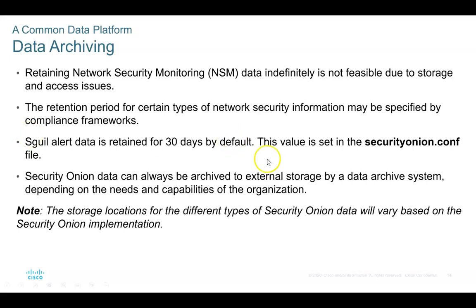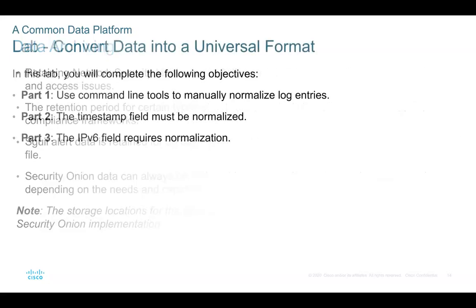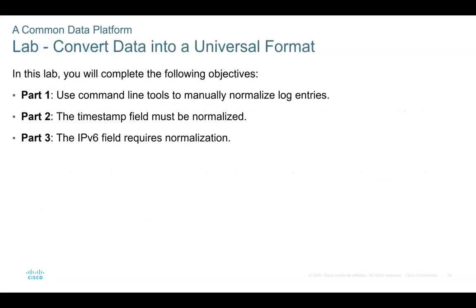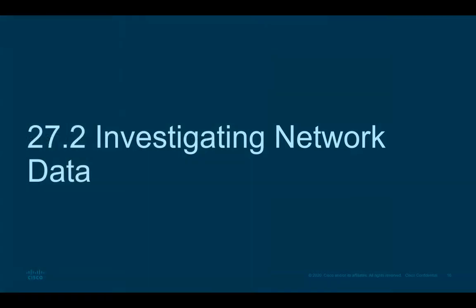You can change that value in the securityonion.conf configuration file. It all depends on where it is stored, and you can change it depending on how much time you need to analyze the data. We'll look at converting data into a universal format in the lab.